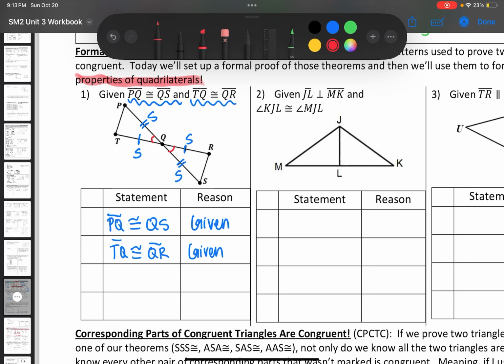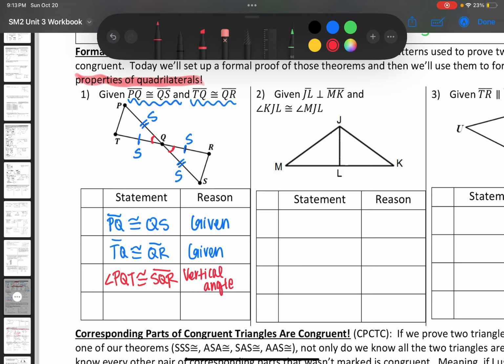So that is a statement. We're going to write that: PQT is congruent to SQR. The reason why I know they're congruent is because they are called vertical angles.